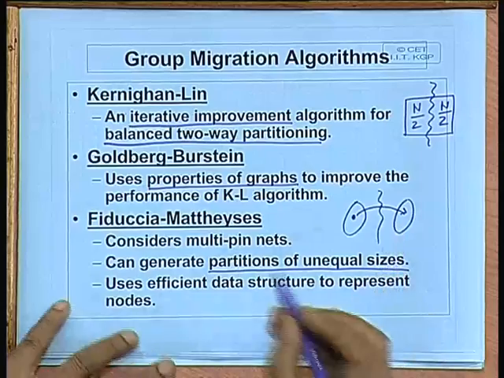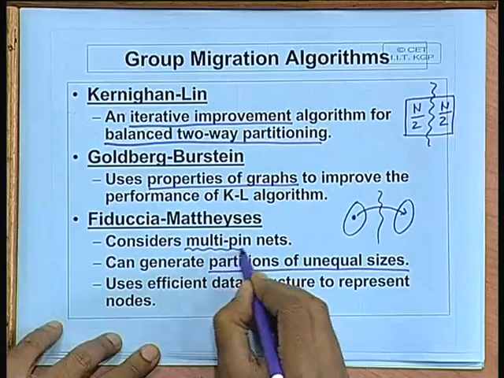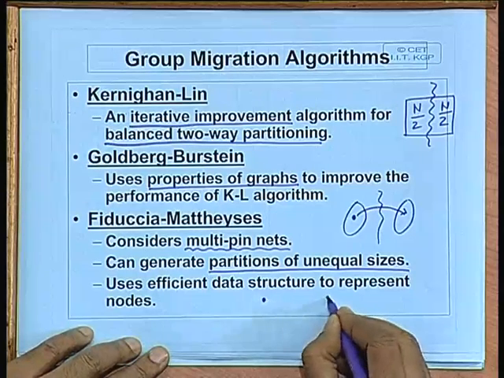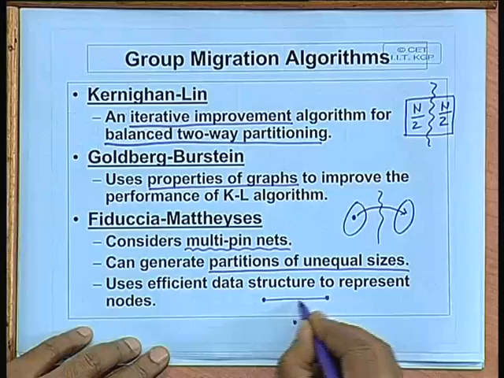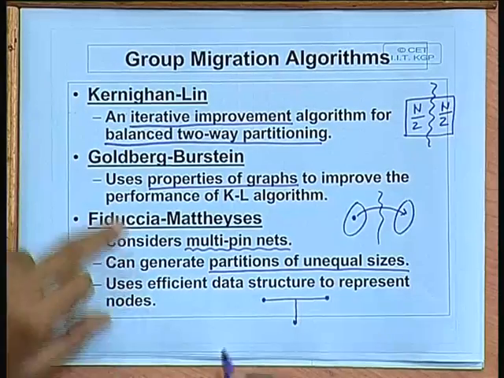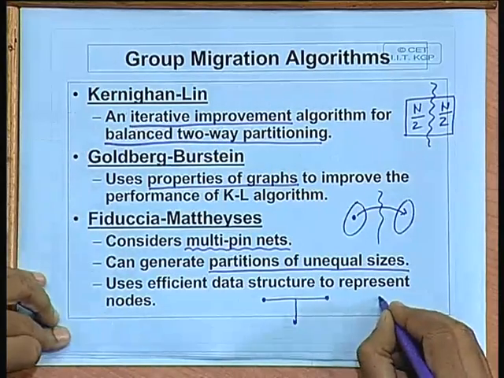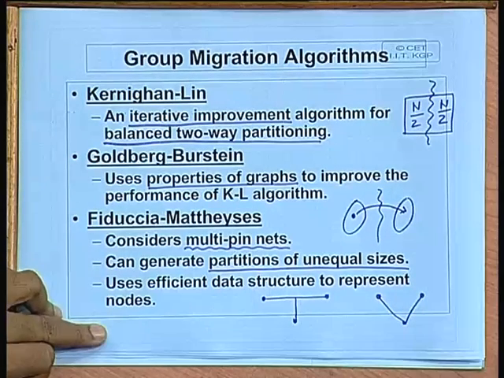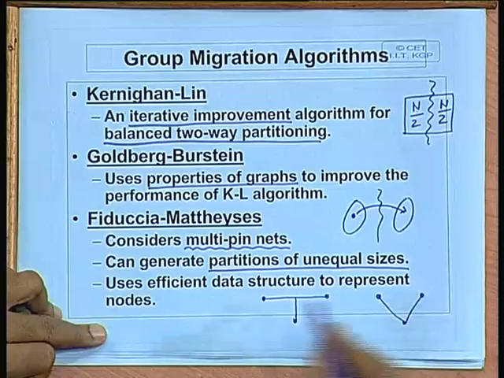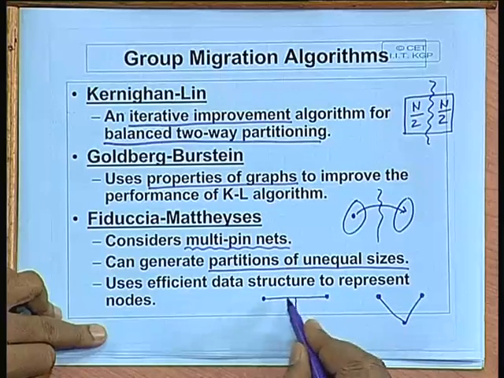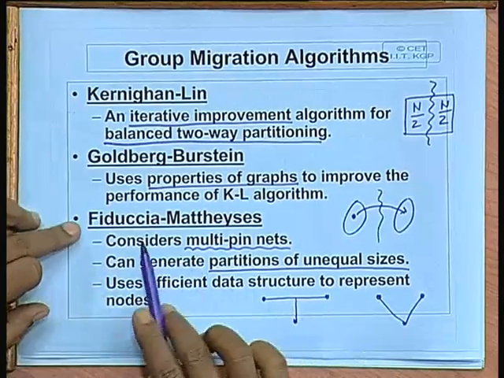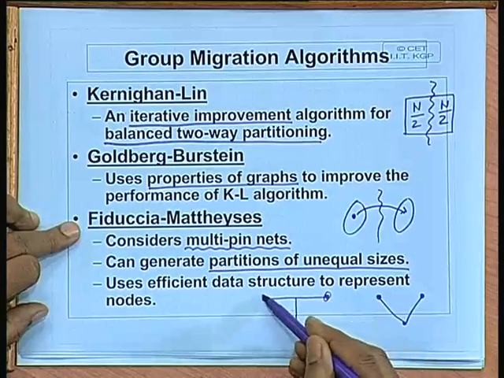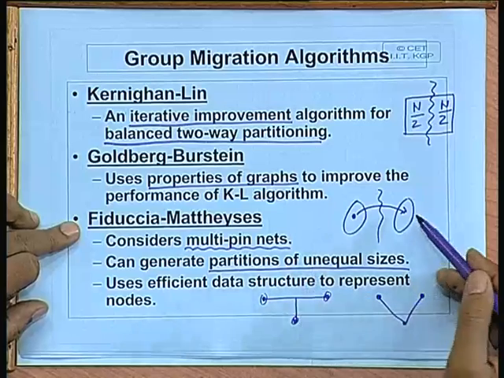Moreover, we can also keep information about multi-pin nets. Multi-pin nets means there may be 3 different pins which have to be interconnected. Normally in the traditional graph we can represent this by either 2 edges or 3 edges, point to point edges, but we can have so called hyper edges in the generalized graph. So, this Fiduccia-Mattheyses algorithm can also take care of this kind of hyper edges, and all these nodes which are connected by a hyper edge it will try to bring into the same partition.